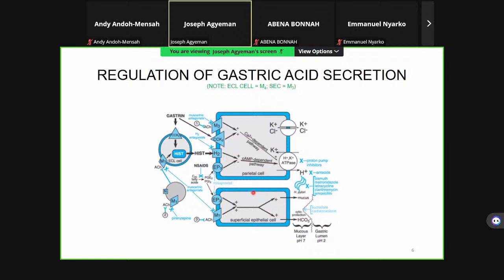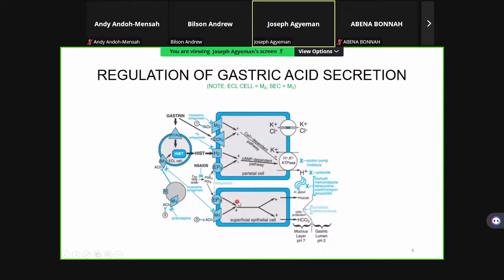All right. So on the superficial epithelial cells, you have the EP3 receptors. These receptors can be stimulated by prostaglandins. So when you produce prostaglandins from arachidonic acid metabolism, it can act on the EP3 receptor. The final response is that you can see all the pathways are plus, plus, plus.